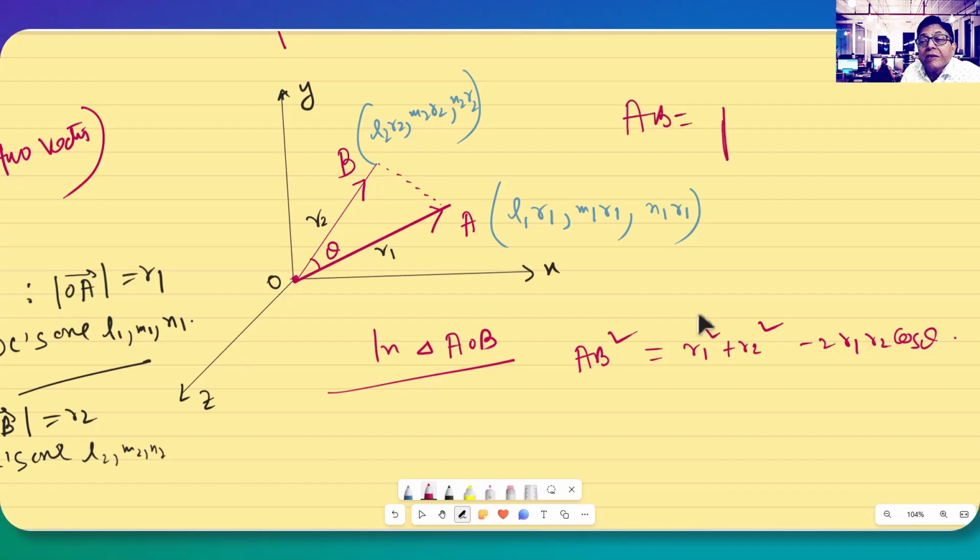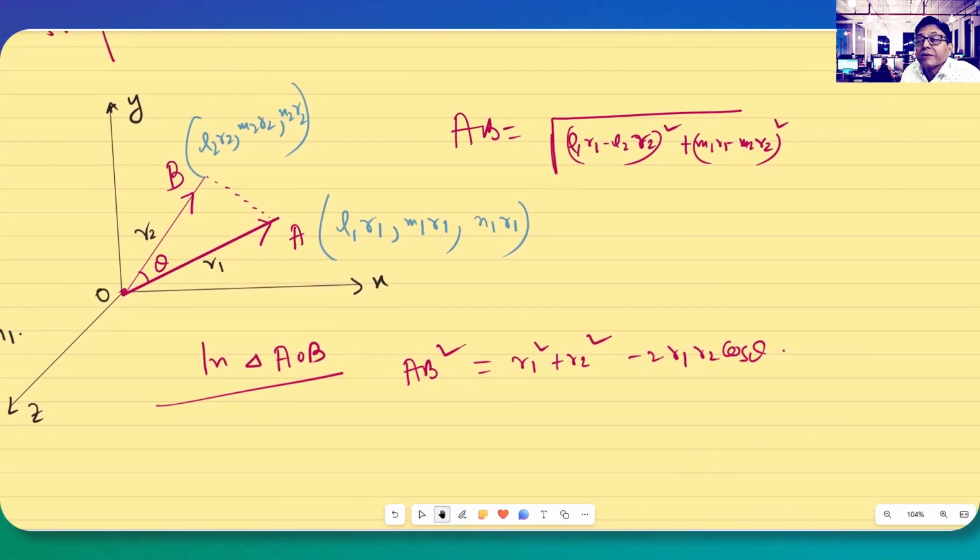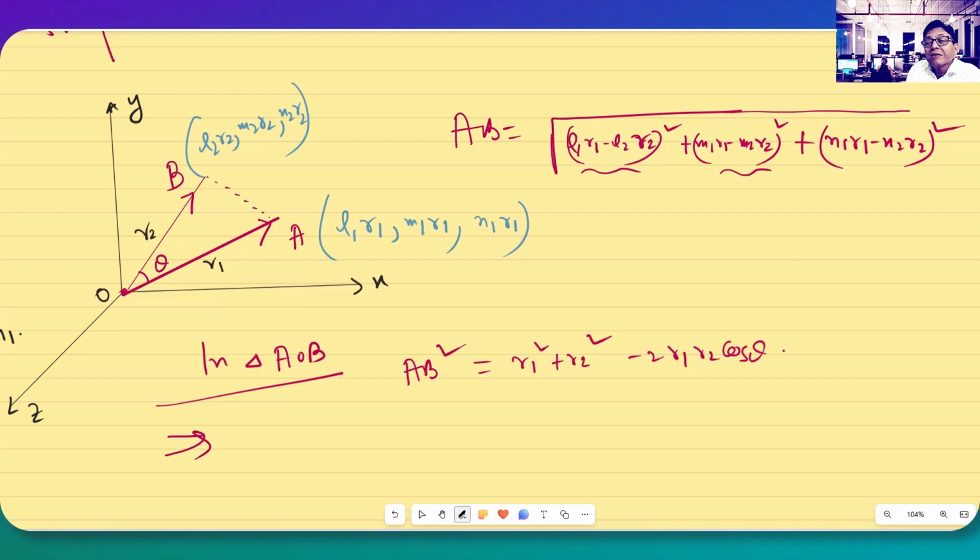AB you can write easily, that is L1 R1 minus L2 R2 whole square plus M1 R1 minus M2 R2 whole square plus N1 R1 minus N2 R2 whole square. Agree or not? This is okay? So AB square you got, you put it here. AB square is this thing square plus this thing square plus this.